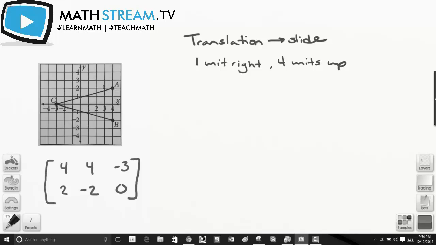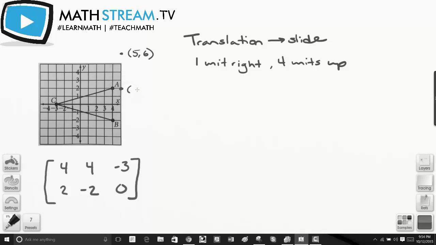If we come over here and we take each point and we slide it, let's say 1 to the right, we'll start with A, 1 over, and then 4 up, 1, 2, 3, it's going to be right up here, 4, which is actually the point 5, 6. And then we take B and we move it over 1 unit and then up 1, 2, 3, 4 units.